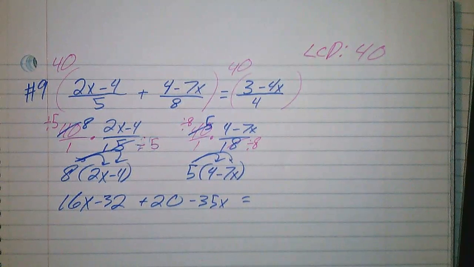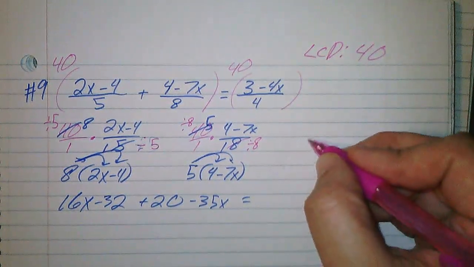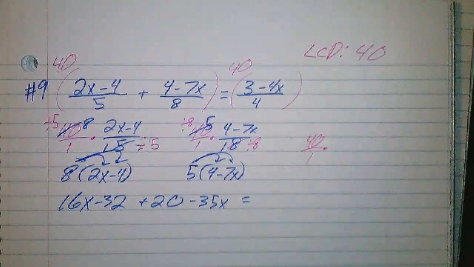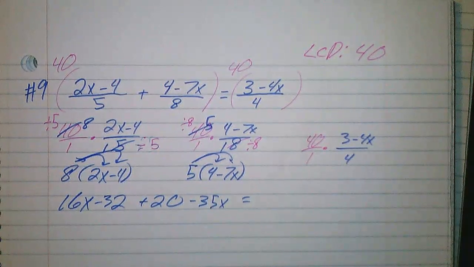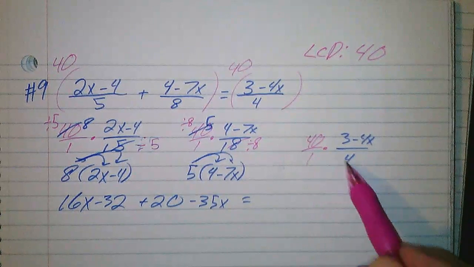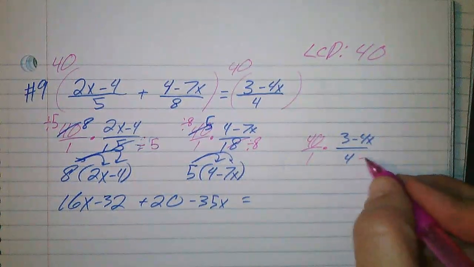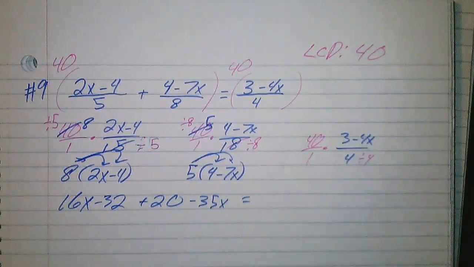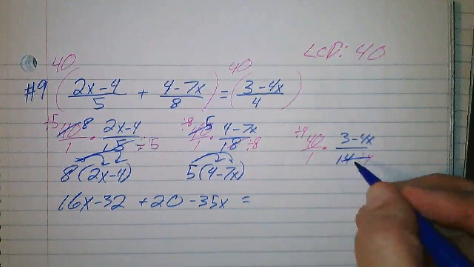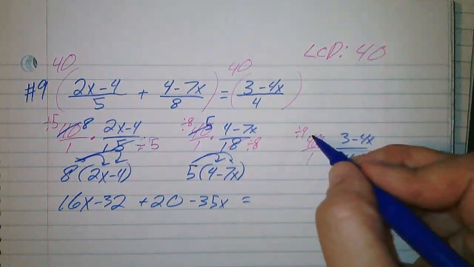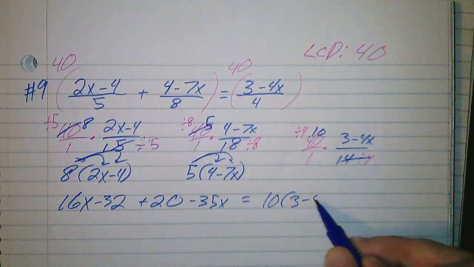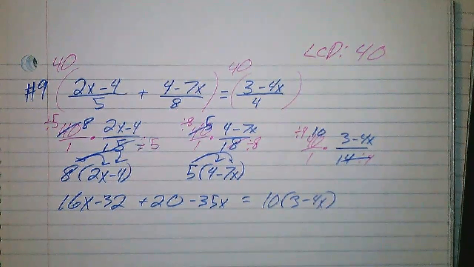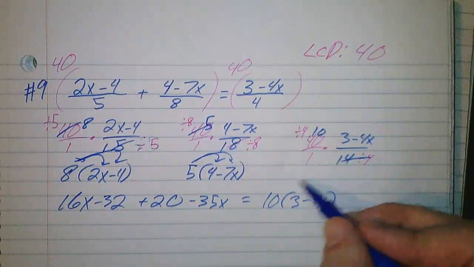Carry the equal sign. And now we have 40 times 3 minus 4x over 4. We divide the denominator, divide by 4 diagonally here, so that this becomes a 1. 40 divided by 4 becomes 10. So we have a 10 times 3 minus 4x. Oh, I should have done that up here.